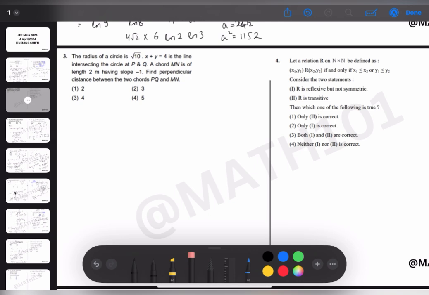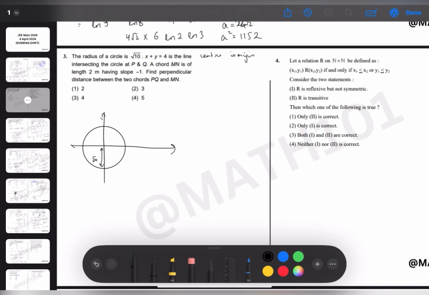There's some additional information, which is the circle is centered at origin, and the radius is root 10 units. x plus y equals 4 is the line intersecting at P and Q. So root 10, and distance of origin from the line x plus y equals 4 is 2 comma 2. It's root 8.